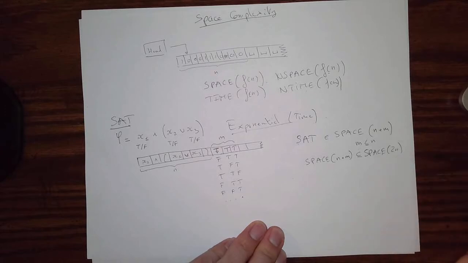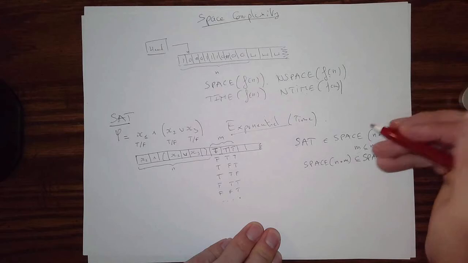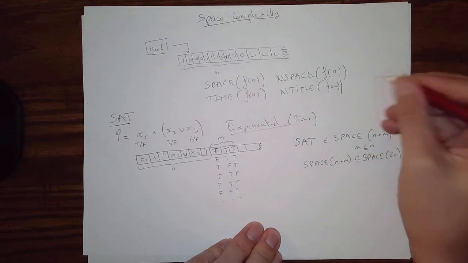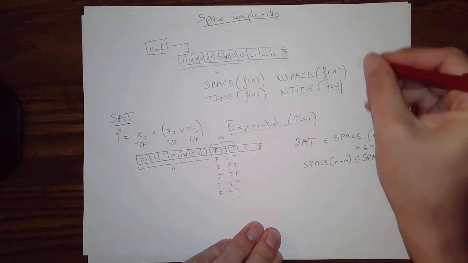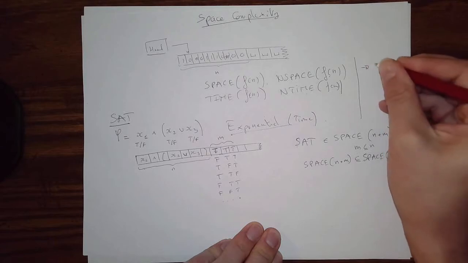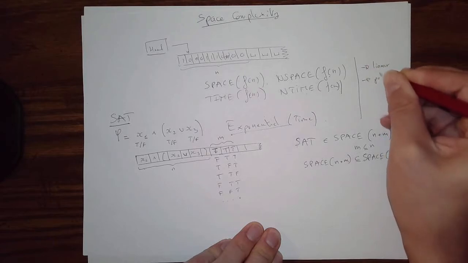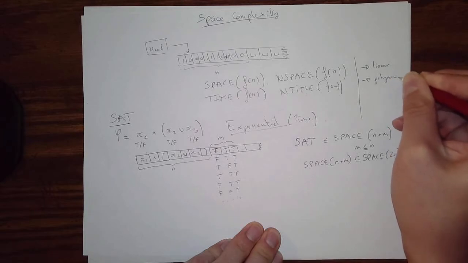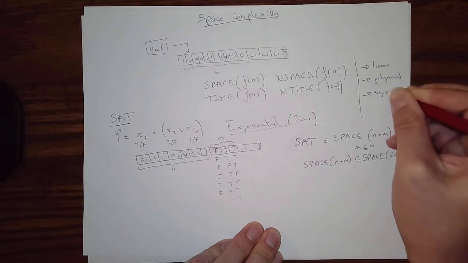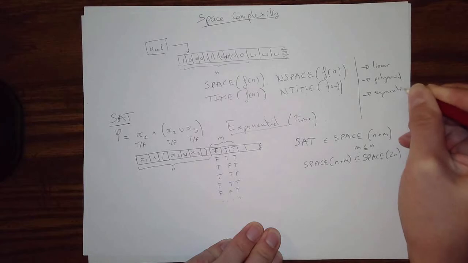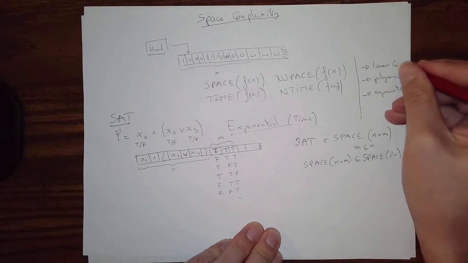Because again, we use this approximation. We do not care about the details. What we're interested in, to make it short, is whether it is linear, polynomial, or exponential. So linear is going to be O of n.